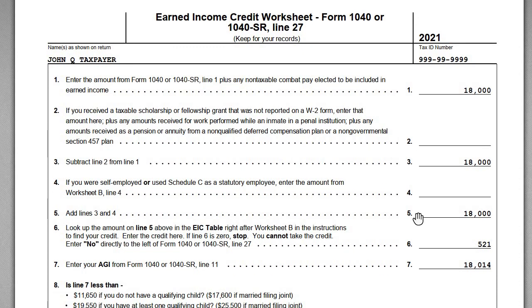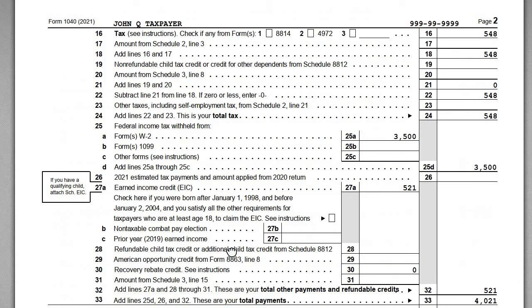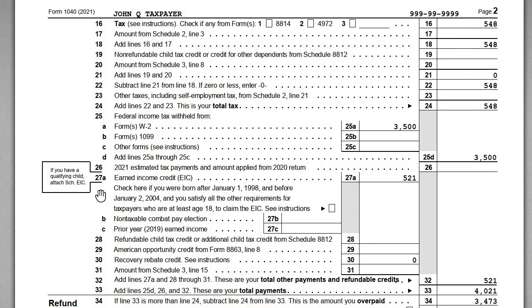His earned income is $18,000. And based on the EIC tables for $18,000 in earned income for a single filer with no qualifying children, the amount of credit he's going to get is $521. So the $521 is reported on page 2 of his 1040, right, line 27A, EIC 521. This is for the 2021 tax year.